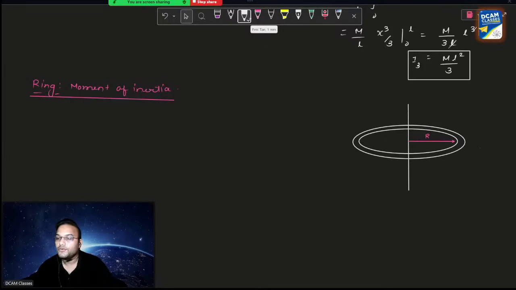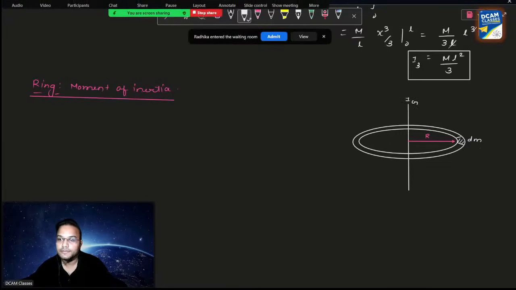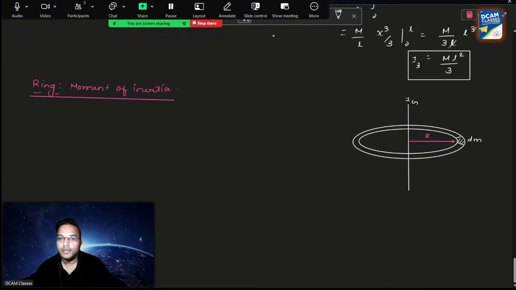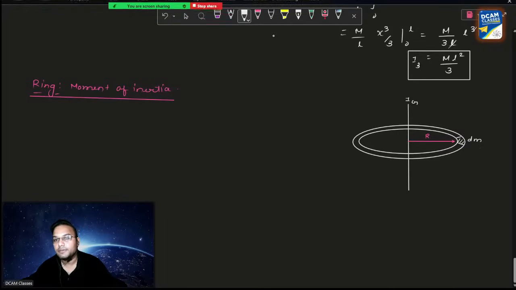See, in this, if we want to find the moment of inertia, we take an element at some distance; suppose I have taken this element, and let its mass be dm. Every mass is at the same distance from this particular axis, right? So there is no point in integrating actually. If we find dI, it is r square into dm.